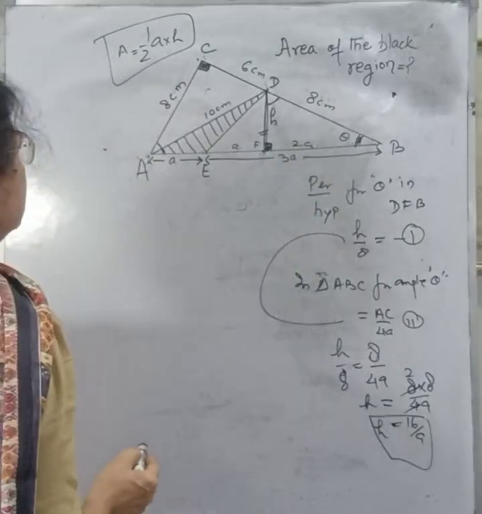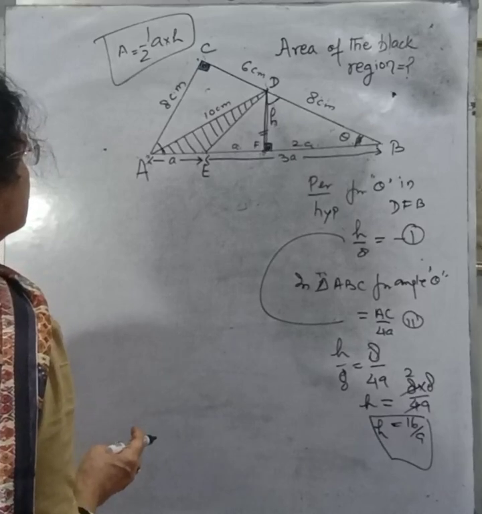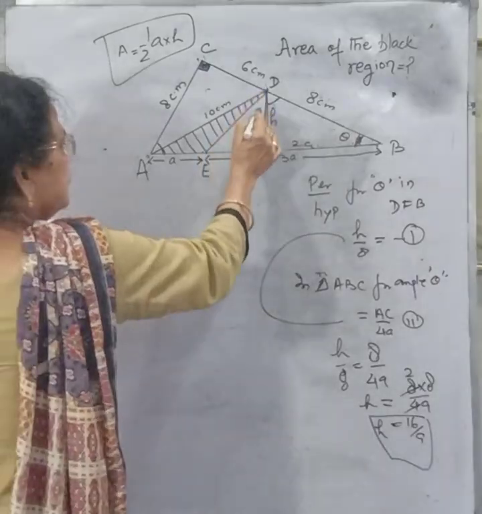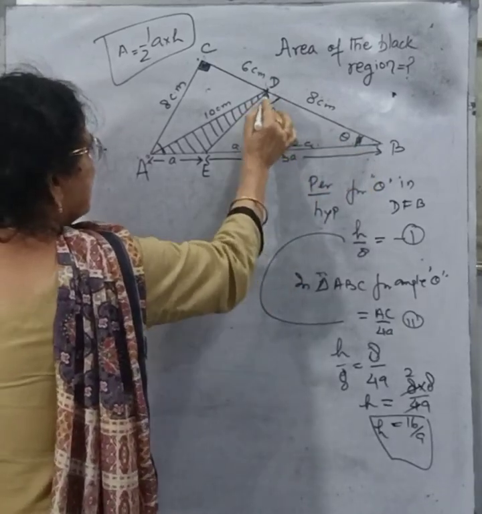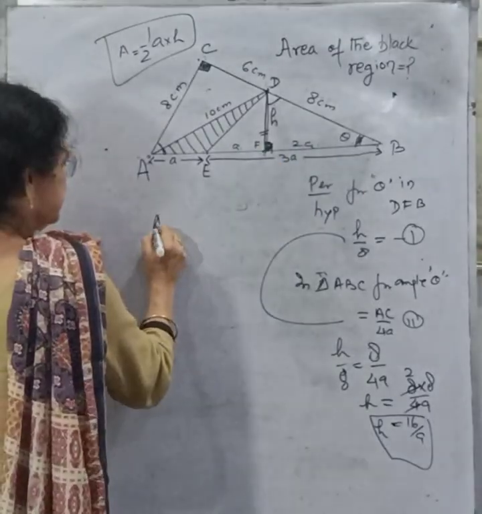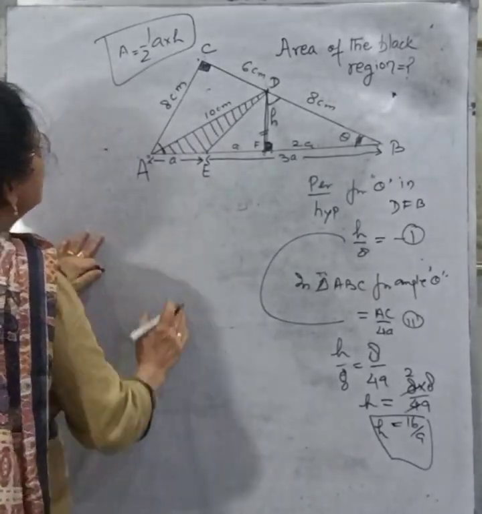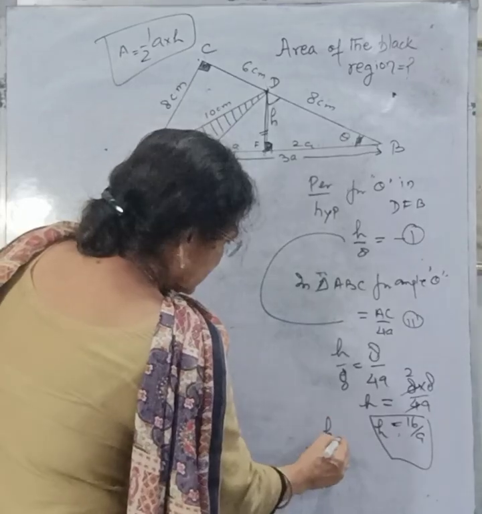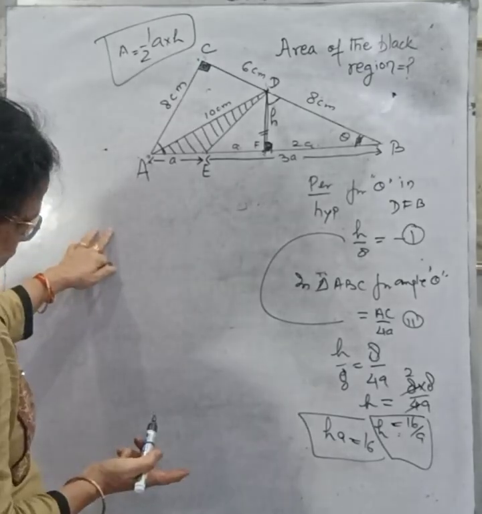Now we can apply another theory, Pythagoras theorem in DFB. No, not necessary, because we have to find the value of A. Now from here, H into A is equal to 16.